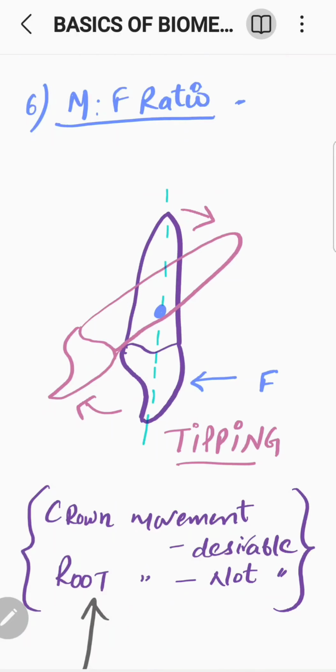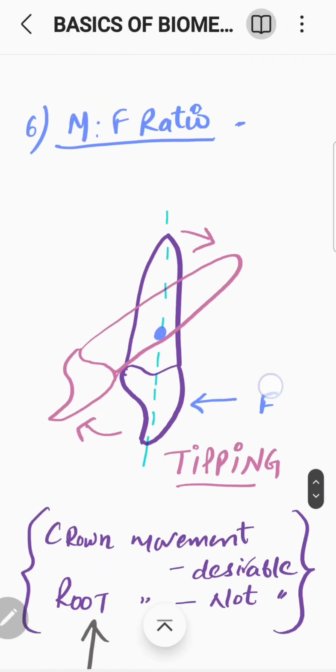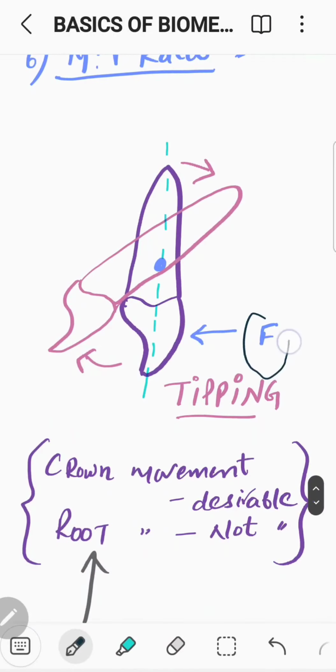There is another very important concept, the MF ratio. Most students confuse MF ratios, wondering what the MF ratio is. A very basic concept behind it lies here. Look at the diagram. A single force is applied to the tooth surface here, which leads to a tipping movement.